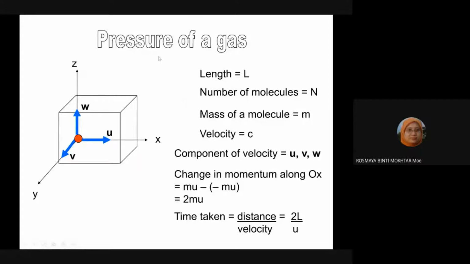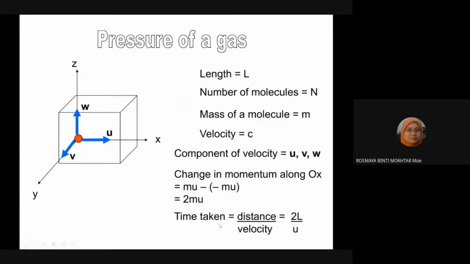Pressure is force per area, and force is rate of change of momentum, so we need the time also. From the formula of time, distance divided by velocity, the distance traveled by the molecule is L and then another L, so 2L, divided by U, the velocity.